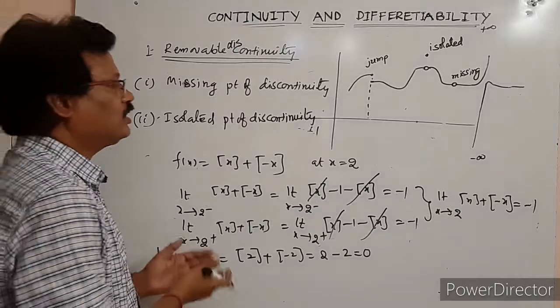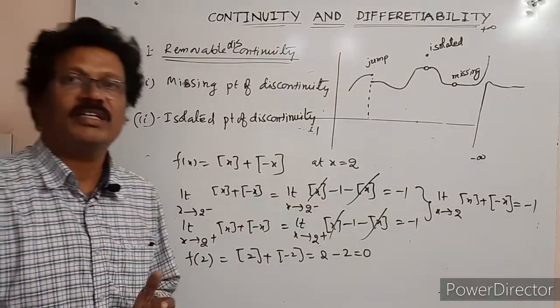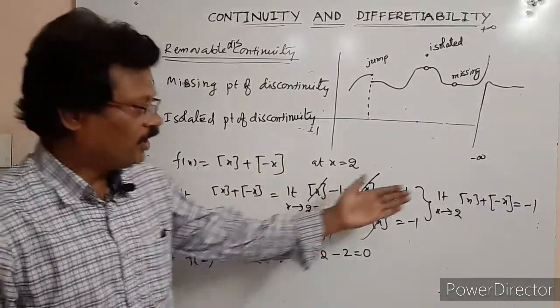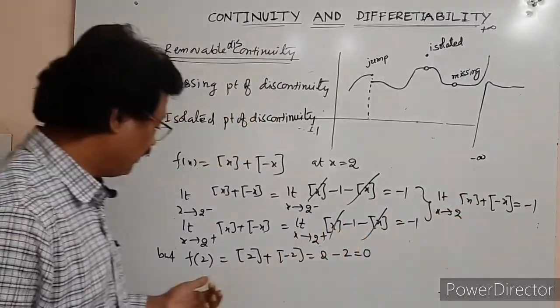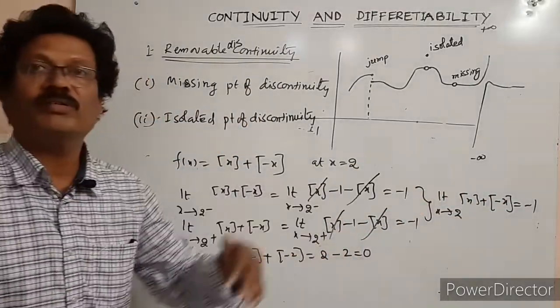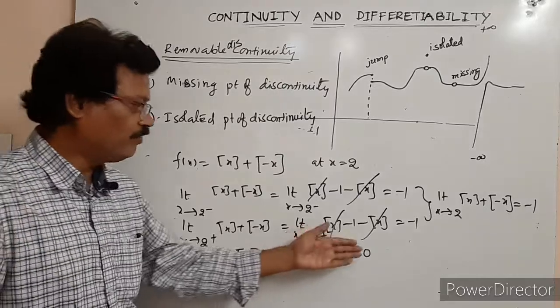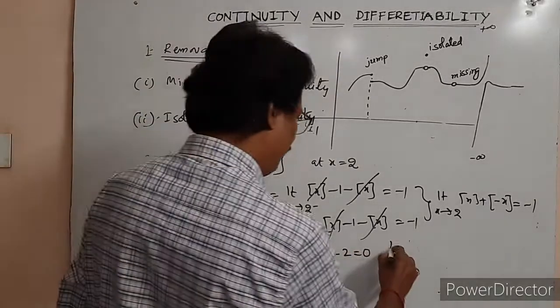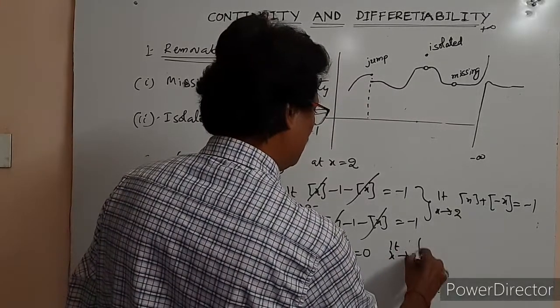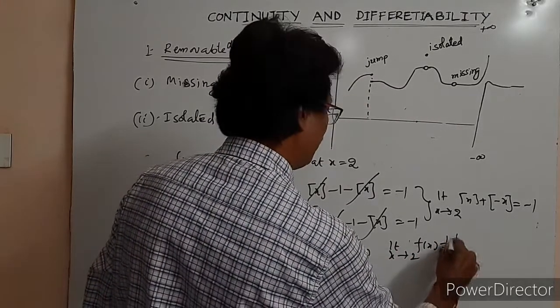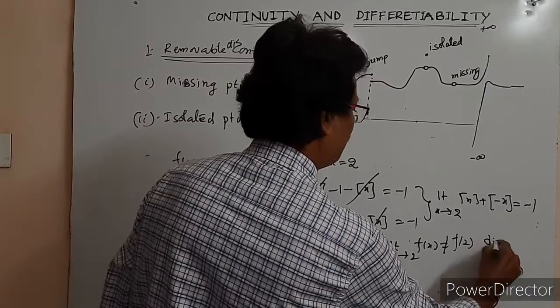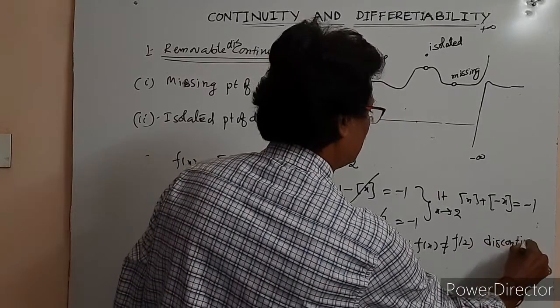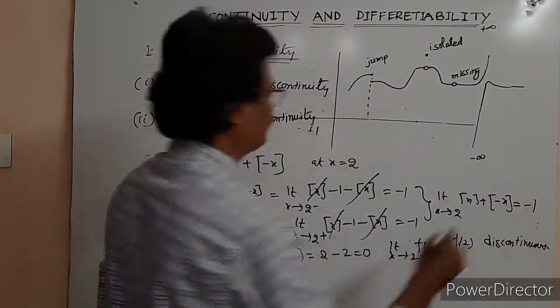Therefore this is called the isolated point of discontinuity. The limit is minus 1, but f of 2 is defined as some different number, 0. Therefore the limit as x tends to 2 of f(x) is not equal to f of 2, so this is discontinuous.